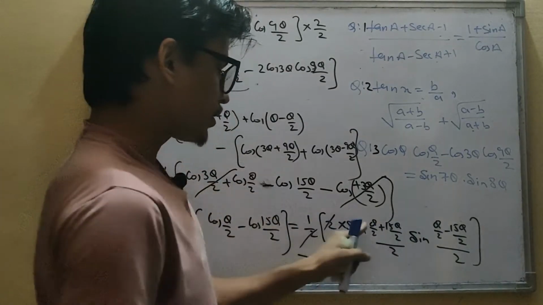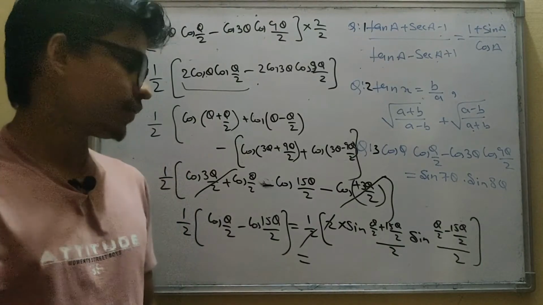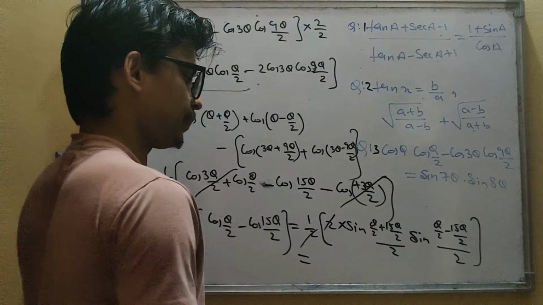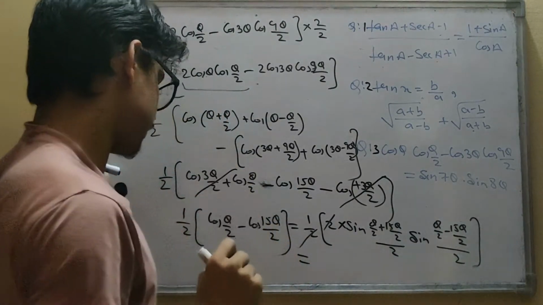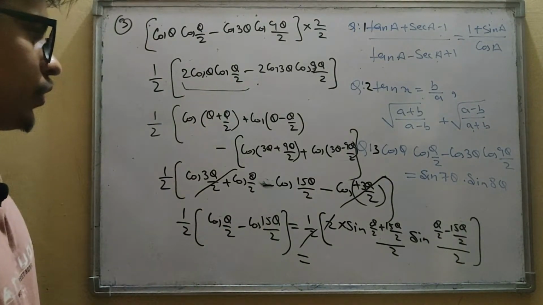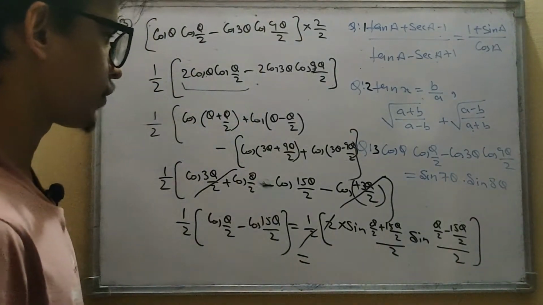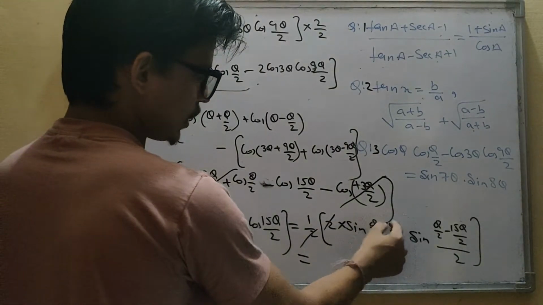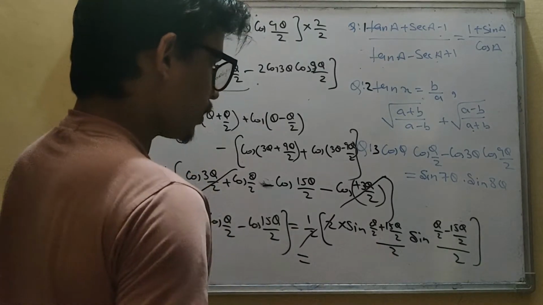If you add them, theta plus 15 theta is going to be 16 theta, 16 theta divided by 2 is 8, 8 divided by 2 is going to be 4. The formulas are going to be the same. Let's check it.